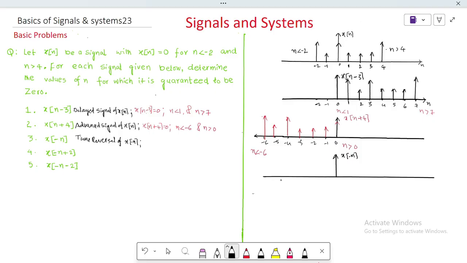So it starts from minus 4 to 2. In reverse, this 4 will appear at minus 4. Remaining 3 are small.